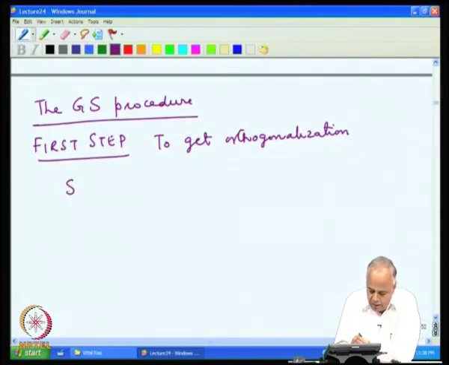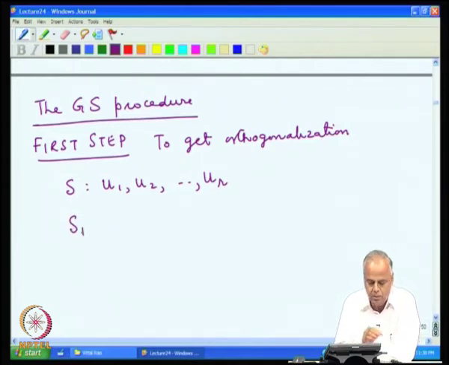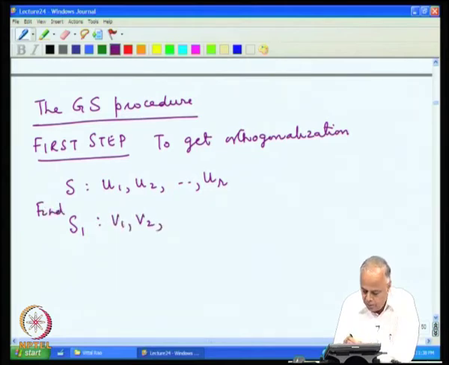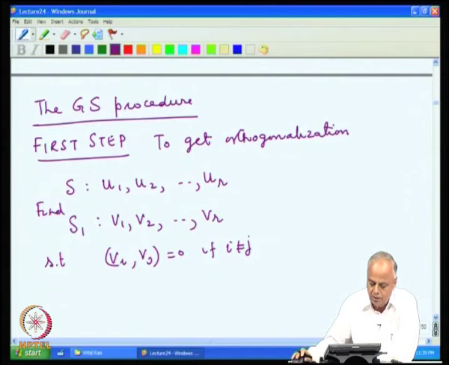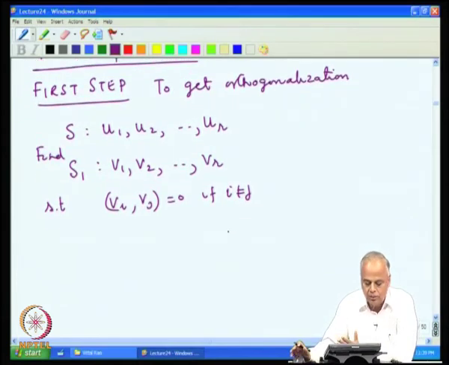So, we have this set S, u1, u2, up to ur. Our job is we now find V1, V2, up to Vr such that Vi comma Vj is equal to 0 if i is not equal to j. That is, they are orthogonal to each other.